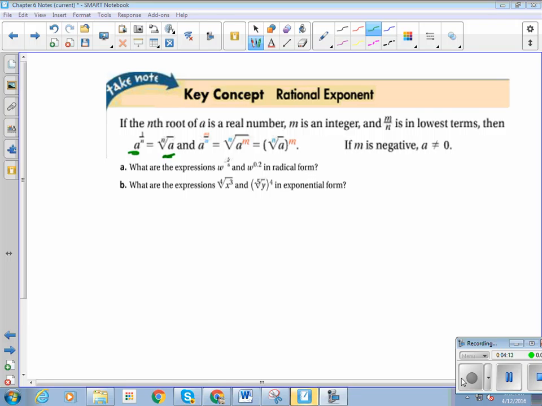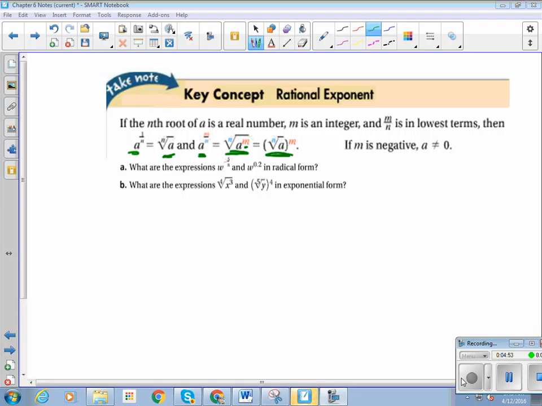When I have a number other than 1 in the numerator of my exponent, that becomes my power. So a to the m over n is equal to a raised to the m power, nth root of that value. You can write it either way. You can apply the power first and then take the root, or you can do the root first and then apply the power.